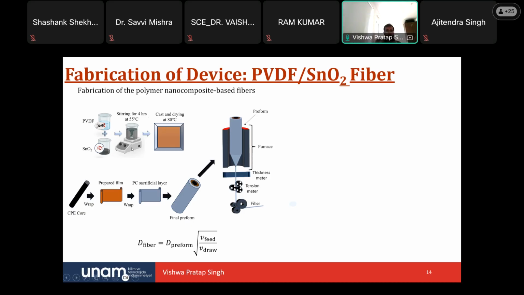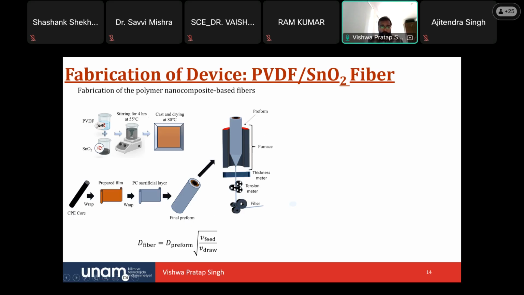Over this, we put the PVDF film. After cutting it with a similar thickness and dimension, we can roll this piece of film over it. This is the kind of structure you get, but because of the thermal drawing process, we are going to draw the material. In optics, they used to do it for a single material, but here we are going for multi-material.